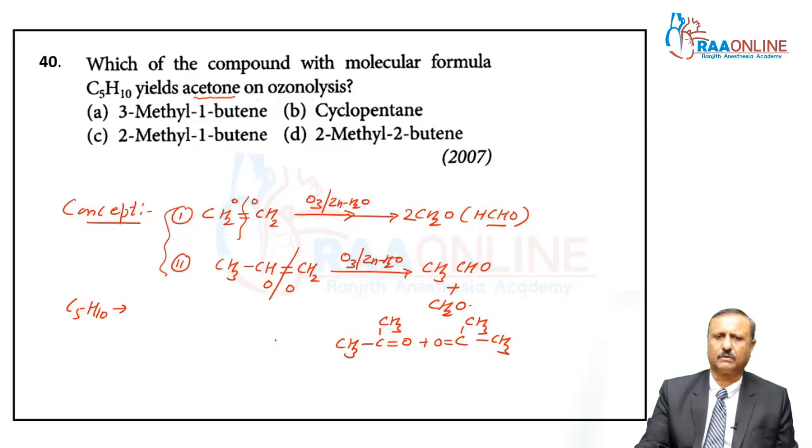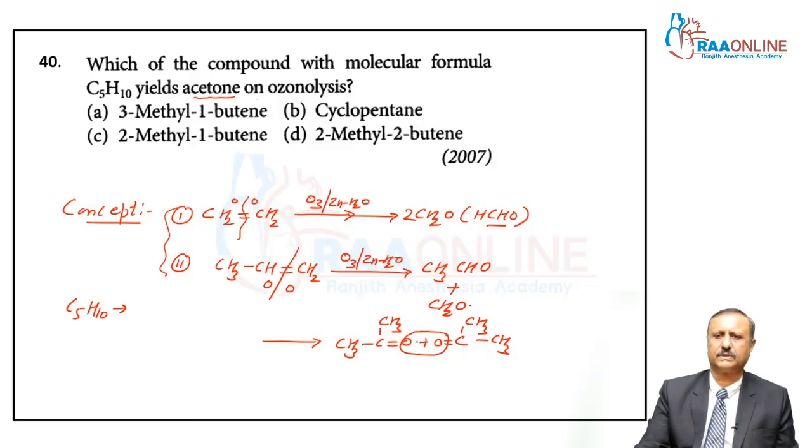I give you a small trick to obtain the answer. Here, my dear students, the two oxygen atoms are removed, and 1, 2, 3, 4, 5 and 6 carbon atoms are there, and you can get only 5 carbon atoms.